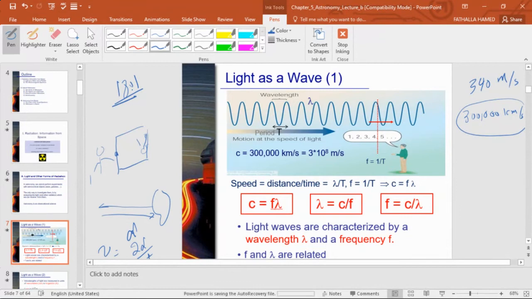And when light was considered, it was looked upon as a wave till early 20th century.